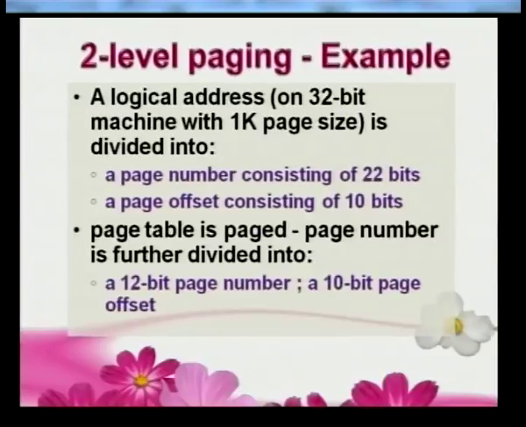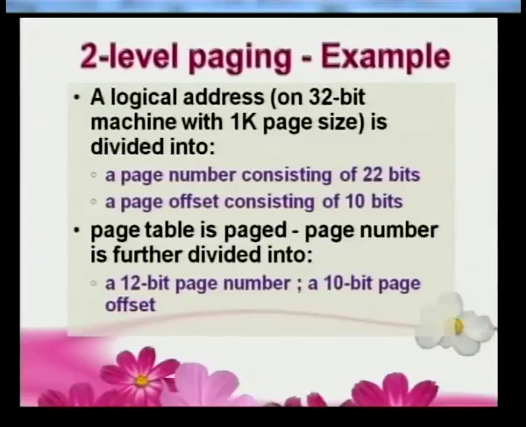In a two-level paging scheme, assuming we are working on a 32-bit machine with 1K page size, the logical address is divided into a page number consisting of 22 bits and page offset consisting of 10 bits. Remember, the logical address is a combination of page number and page offset.